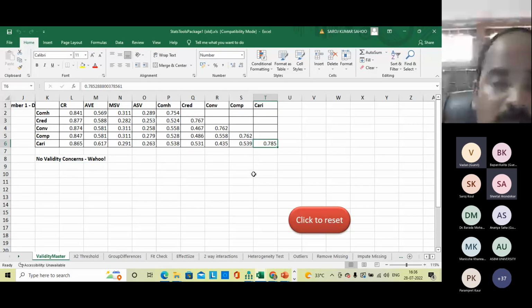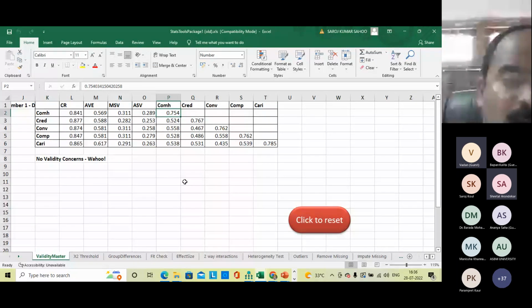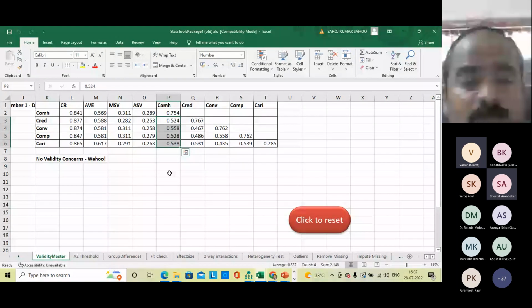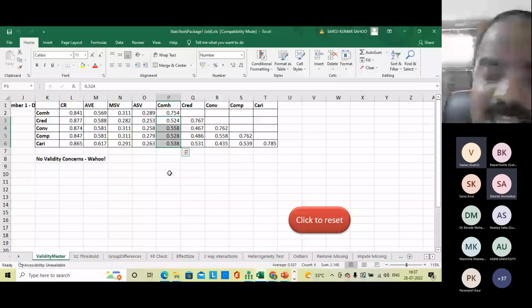Look at the square root of AVE for comprehension. What is the value? 0.754. Look at the respective off diagonal values. I have highlighted these four, please listen carefully.